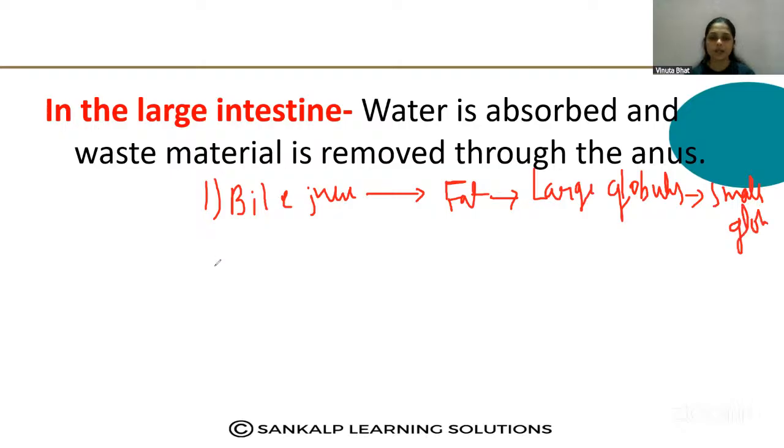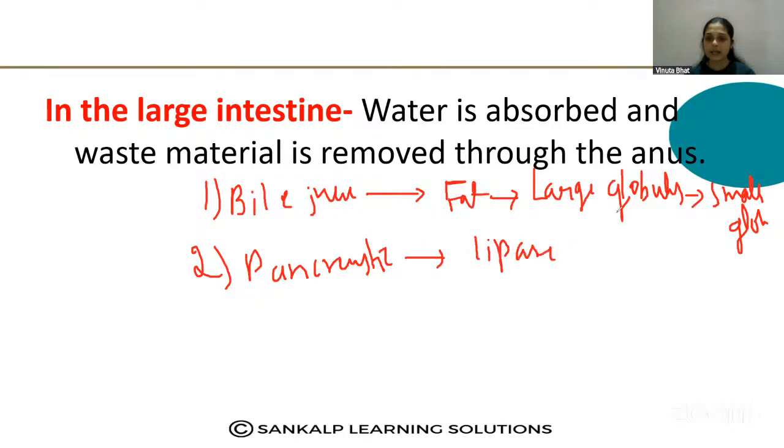Okay, then it receives the pancreatic juice, which is secreted from the pancreas and contains the enzymes called lipase, which acts on these small globules of fat, and trypsin, which acts on the partially digested protein.